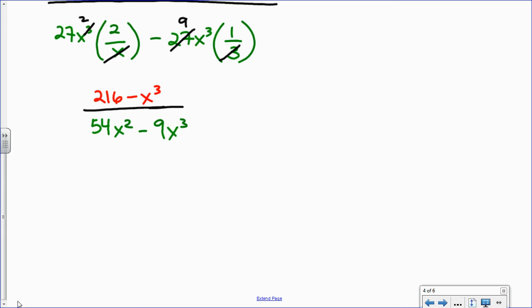Okay, now I need to factor. I know this is a difference of cubes. We just factored it when we did method 1. So that's 6 minus x over 36 plus 6x plus x squared. Now the denominator, what do I need to factor out? 9x squared.